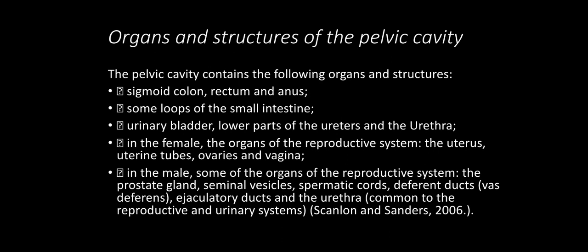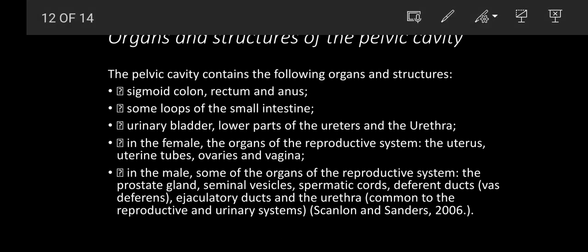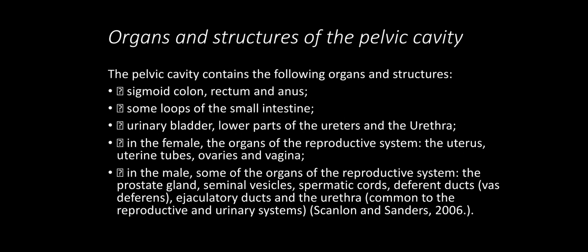So, organs and structures of the pelvic cavity. The pelvic cavity contains the following organs and structures: the sigmoid colon, rectum, and anus, some loops of the small intestine, urinary bladder, lower parts of the uterus, and the urethra.